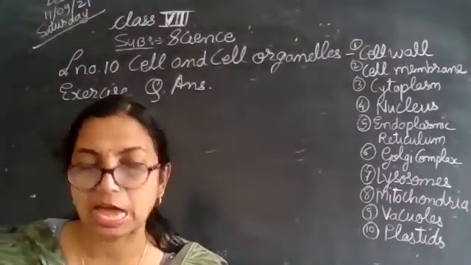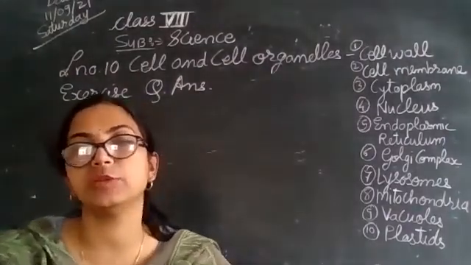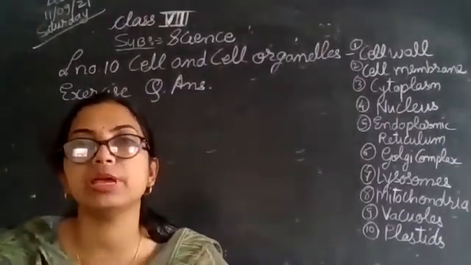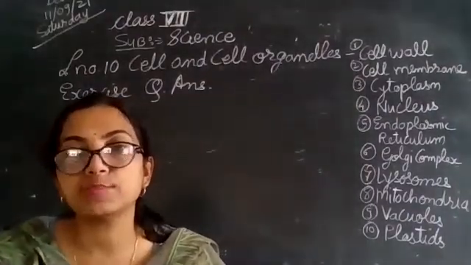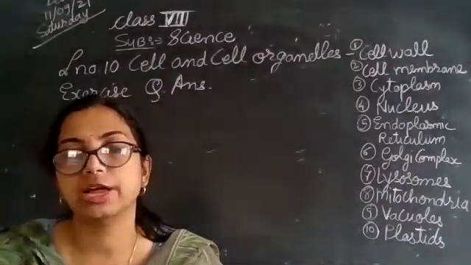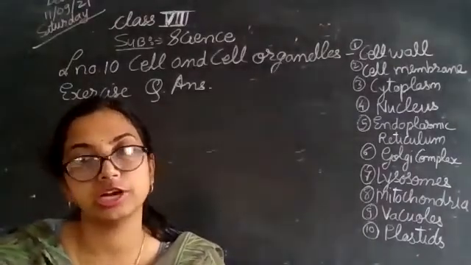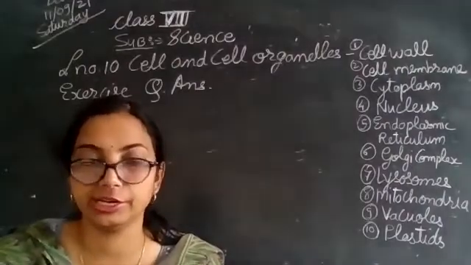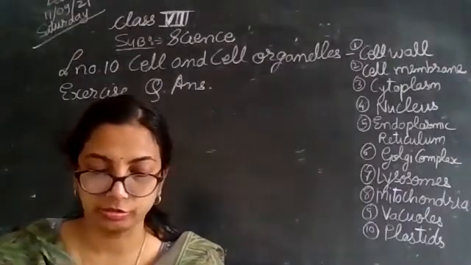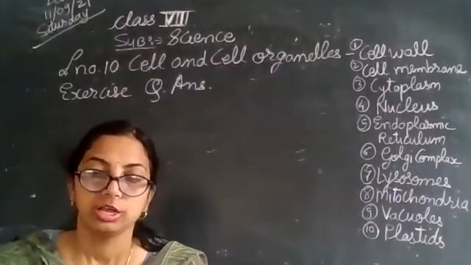The first one is plasma membrane. Plasma membrane, we all know, is present in plant and animal cell both, and it is selectively permeable and it helps in maintaining homeostasis. That is, whatever the conditions outside the cell, it will be maintaining its normal condition inside the cell.